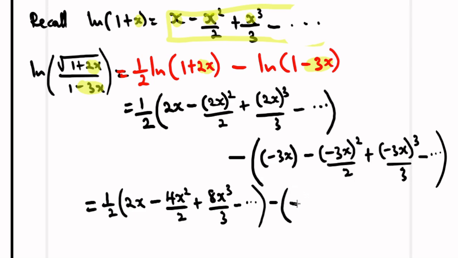This will give us minus 3x. Then minus 3 squared is 9, so minus 9x squared over 2. Then minus 3 cubed is minus 27, so minus 27x cubed over 3 minus dot dot dot.